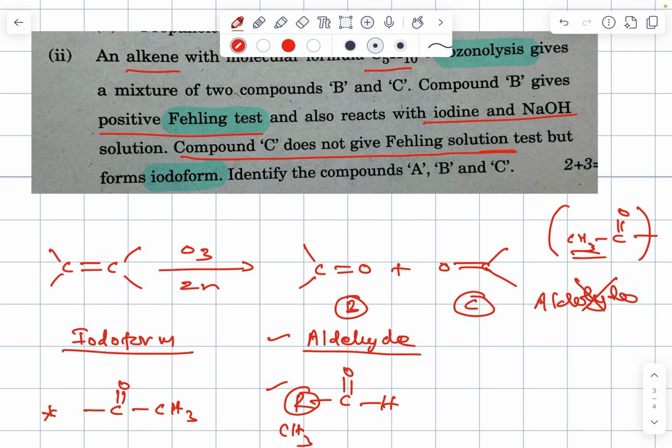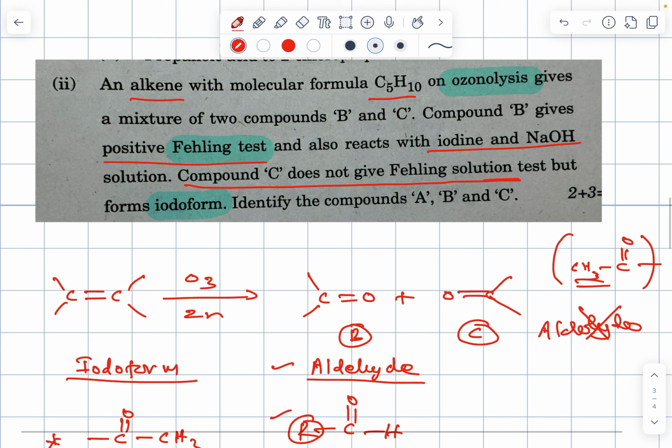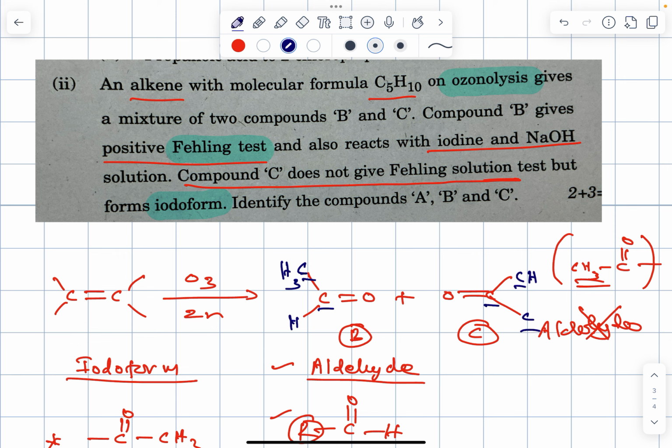Now according to the alkene formula, here I have C5H10. So what compound should be present? Carbon number 1 is attached with hydrogen, 1, 2, 3, 4, 5, so we satisfy the 5 carbons, and if you count the hydrogens, 3, 4, and 4 plus 3 is 7, and 10.